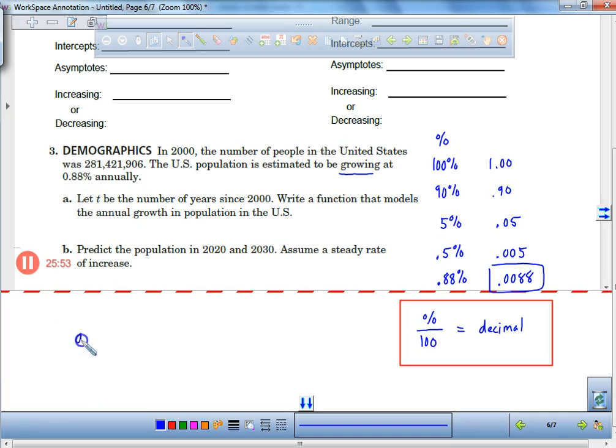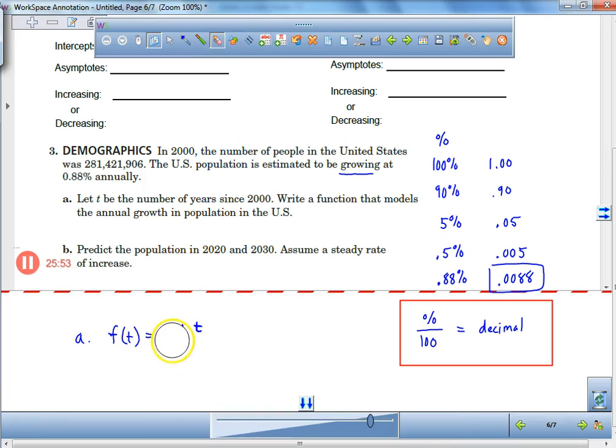So here's A, and I'm going to put f of t. Now, f of t will be the total population. And what was our initial? What's our A value and what's our B value going to be? And t represents time. So we have A times B to the power of t.